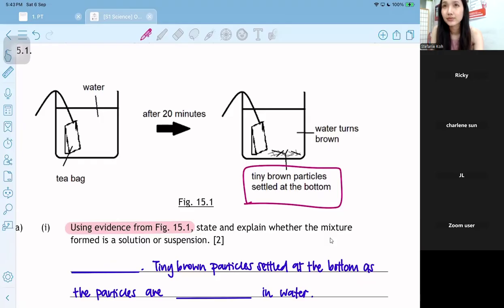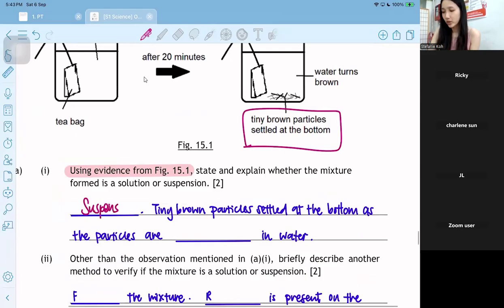Ian. Suspension, how do you tell? Particles settled at the bottom. Yep. So it's a suspension and particles settle at the bottom.